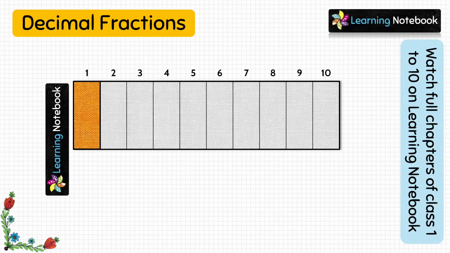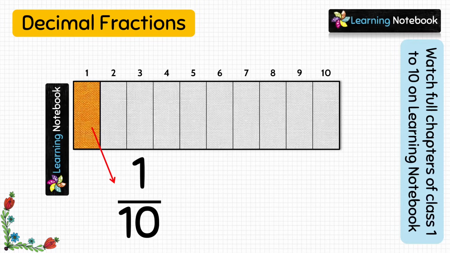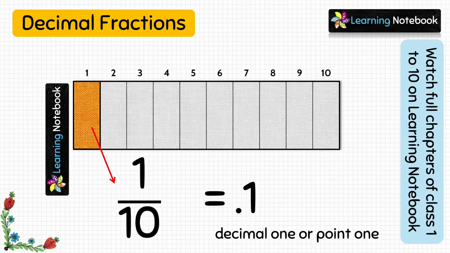Now, in terms of fraction, this colored portion represents 1 by 10 of this whole cutout. And in terms of decimals, we can write it as 0.1 or decimal 1.